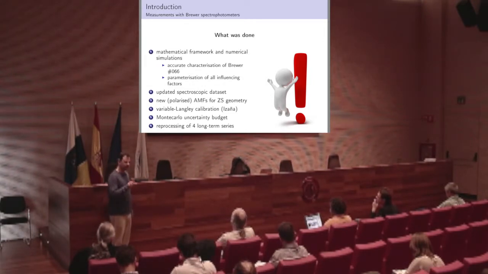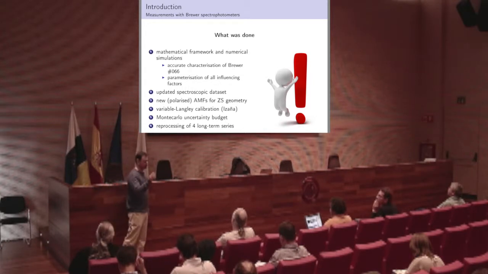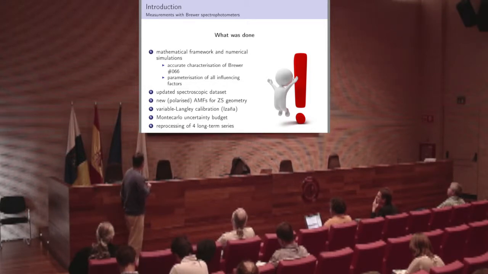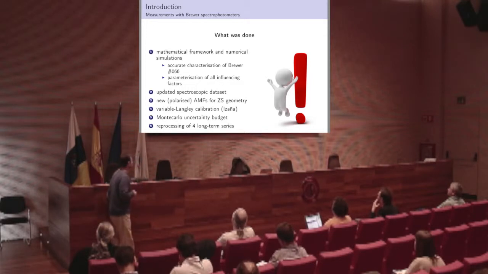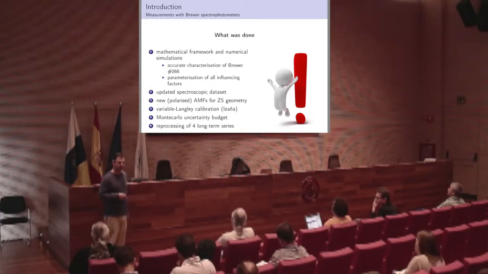They must be polarized because photons coming from different polarizations follow different paths in the atmosphere. So you have to calculate two different air mass factors for every polarization. I tried to overcome the problem of the Langley plot, and then we will see how. I used the Monte Carlo technique to calculate the uncertainty budget, and then I applied the new algorithm on 4 European series.